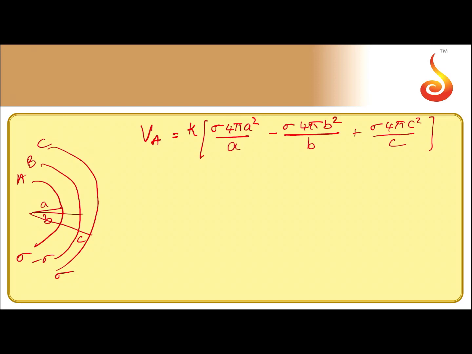These three add to give the potential of the conductor A. And this simplifies to sigma divided by epsilon naught into a minus b plus c. That's the potential of the conductor A.